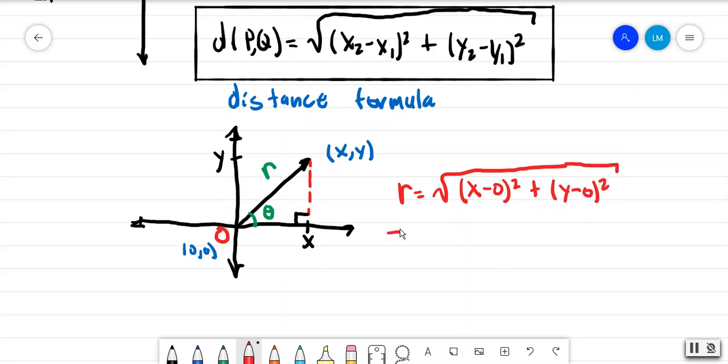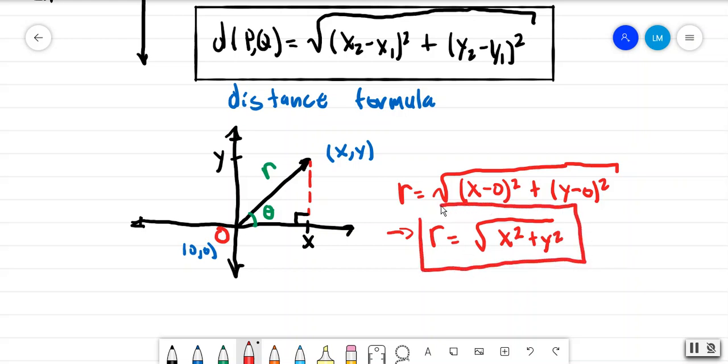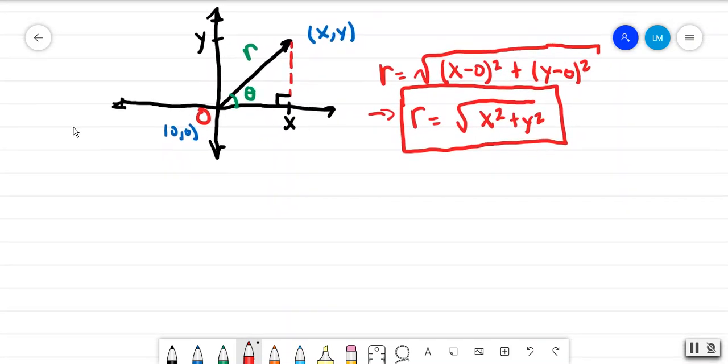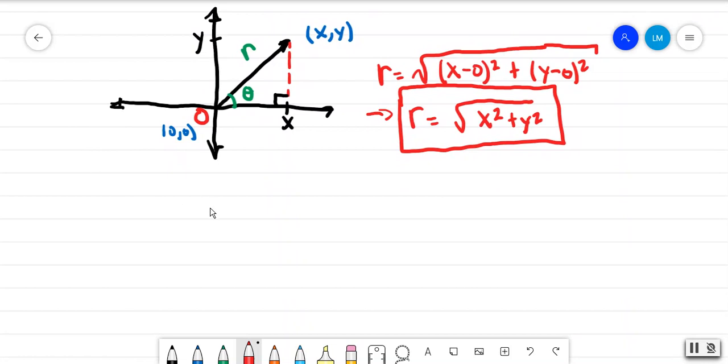But that's actually going to tell you that r is equal to the square root of x squared plus y squared. So the distance is just the sum of the squares of the x component and the y component. That's actually going to be pretty useful as it relates to what we call trigonometric functions.